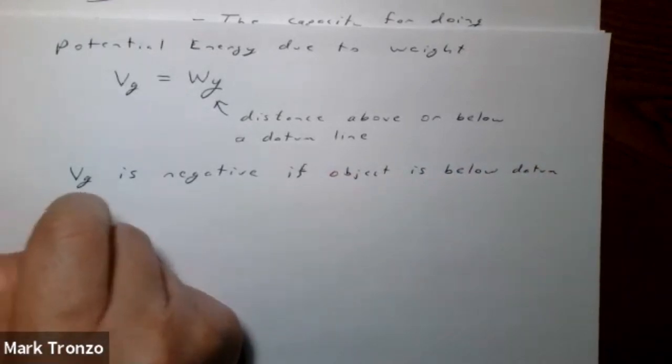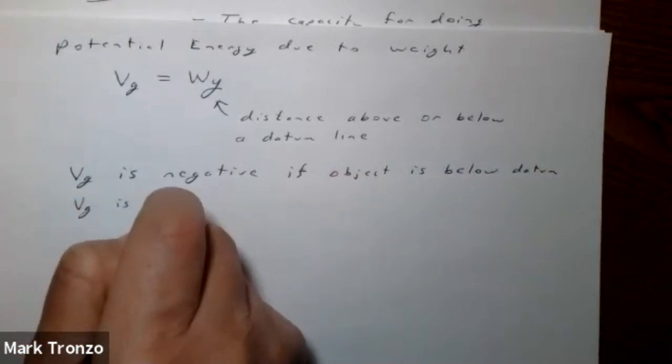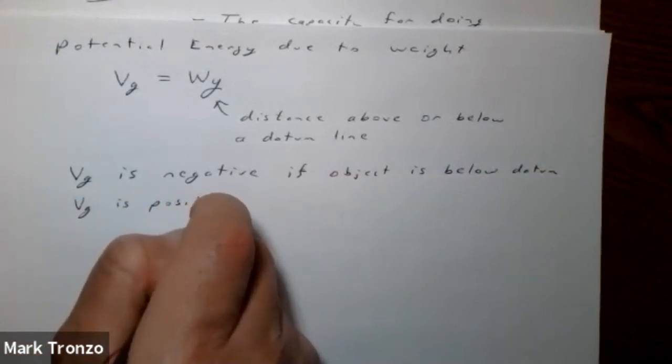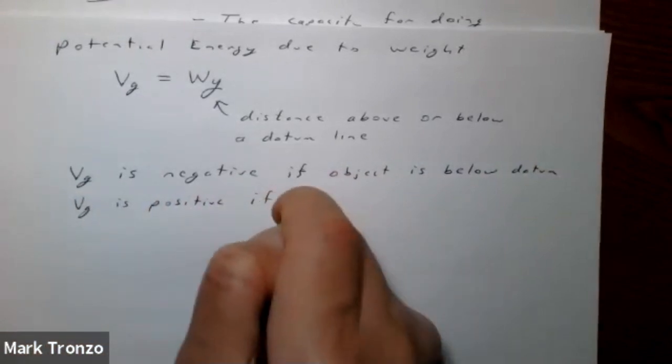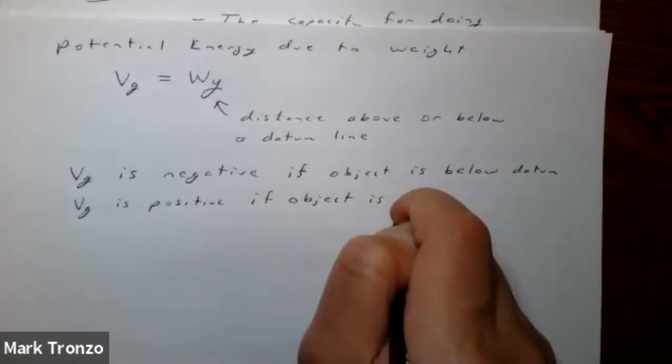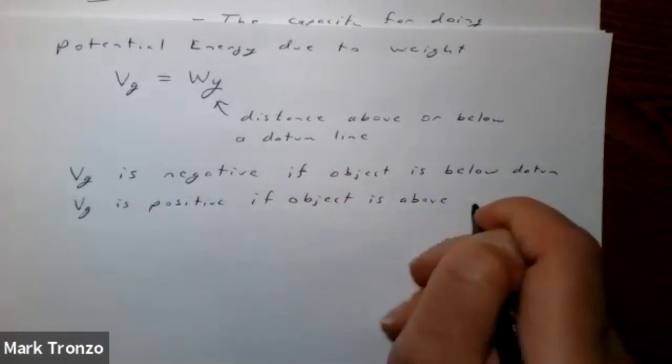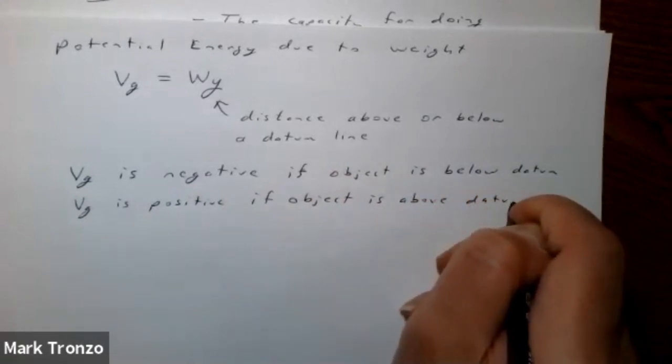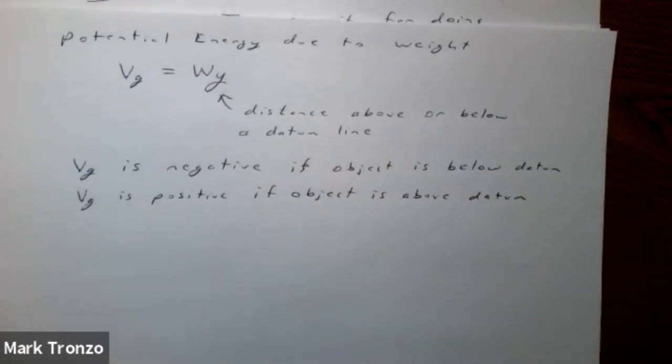And Vg is positive if the object is above the datum line.